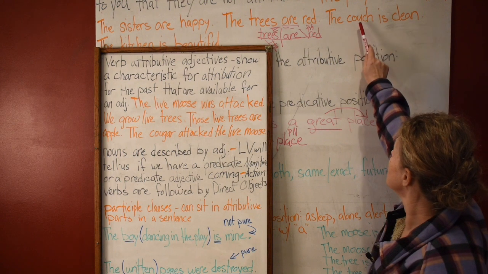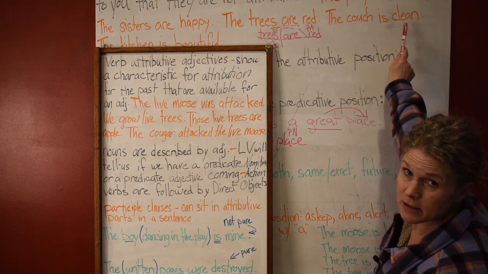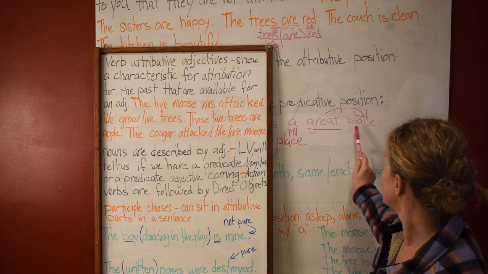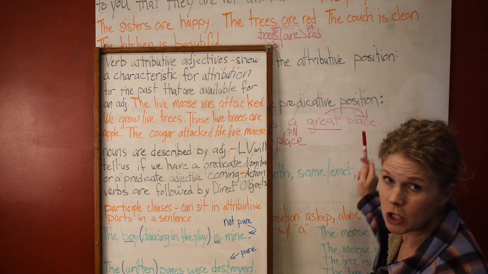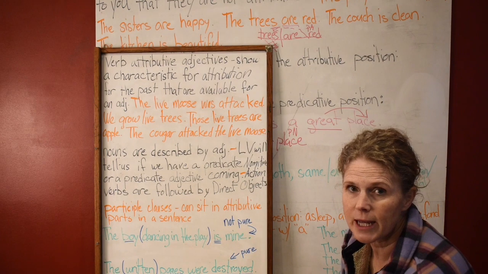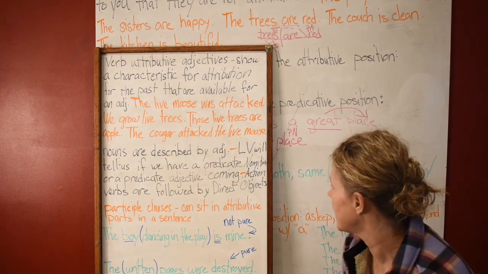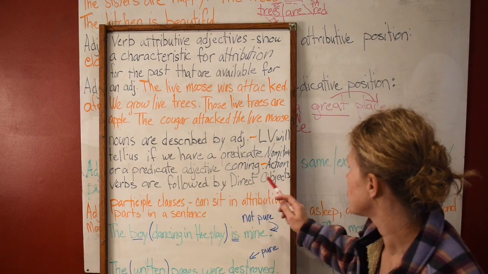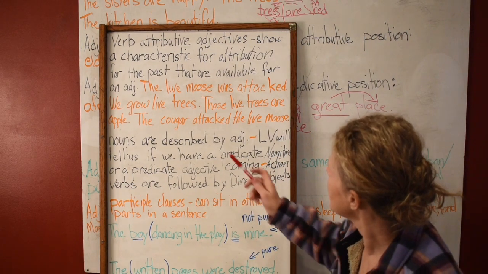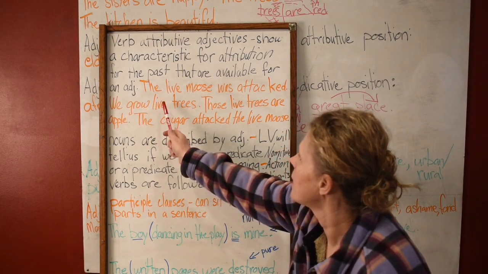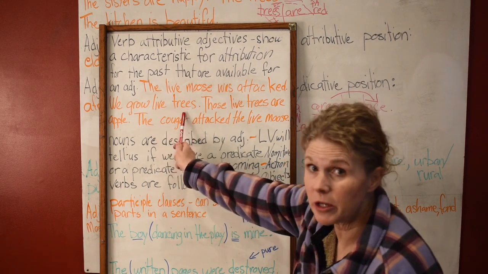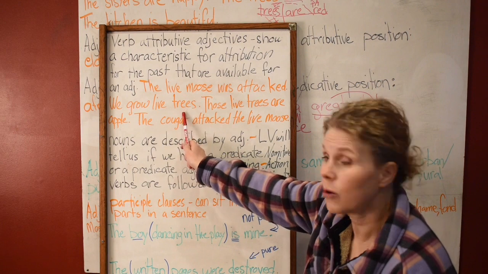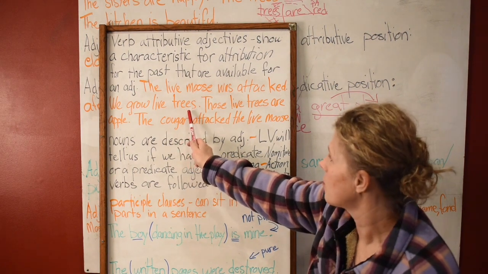It's describing. We can't say the clean, that doesn't make sense. But we can say the place, and that is a noun. Predicate nominatives are nouns. Predicate adjectives are obviously adjectives. Action verbs are followed by direct objects. So right here, we grow live trees. This would be your direct object. Does that make sense, boys? Who's receiving the grow? The trees are receiving the grow.